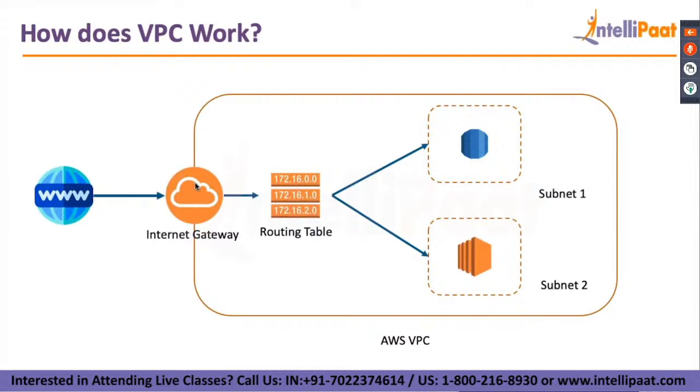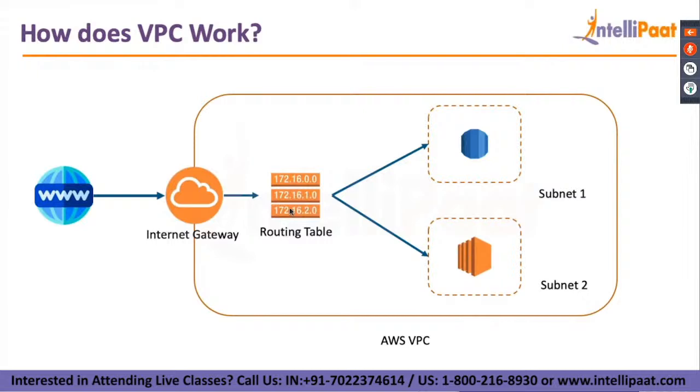So the internet can be accessed using the internet gateway, and whenever a request is coming in through the internet, the first place that it goes to after the internet gateway is a resource which is called a routing table. Now what is a routing table?